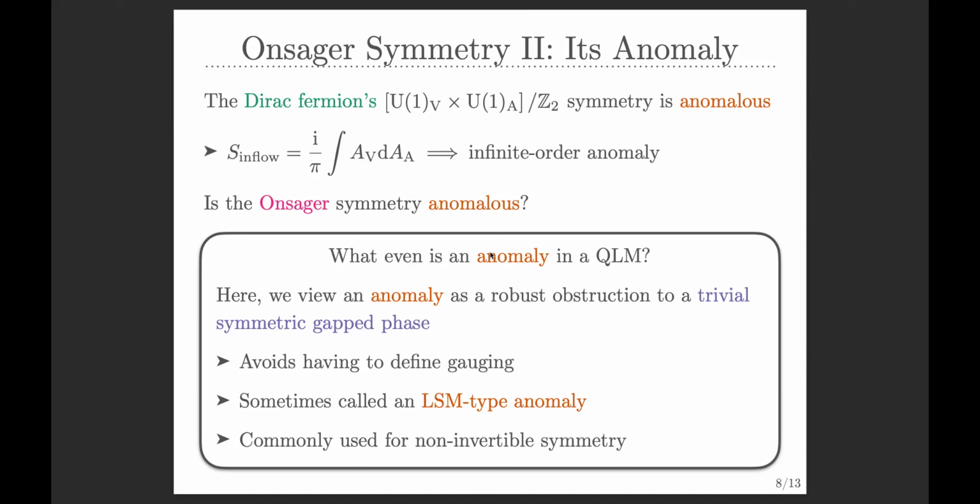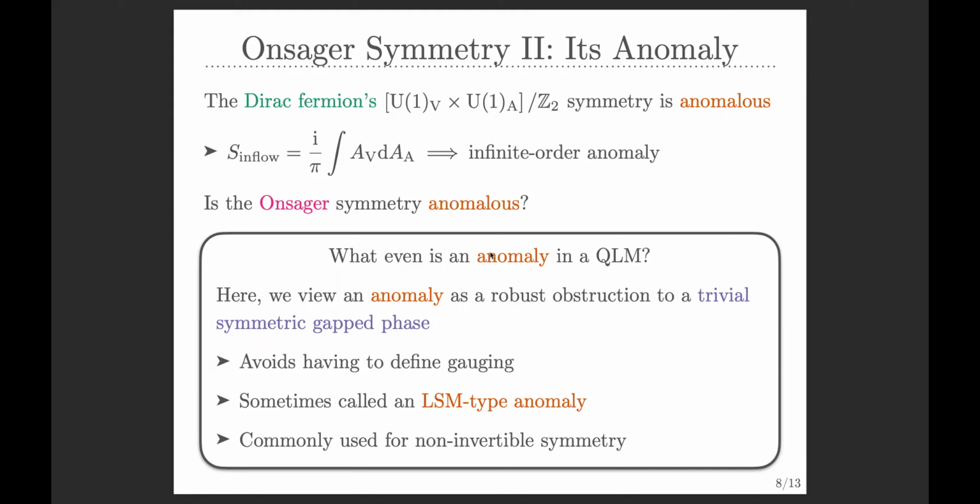Sometimes this definition of a lattice anomaly is called an LSM type anomaly. It gets its name from the Lieb-Schultz-Mattis theorem, which is an obstruction to a trivially gapped symmetric phase. And it's well understood that these types of obstructions in lattice systems could flow to some field theory anomaly. Lastly, while everything here is about the lattice, I view the way we think about anomalies of non-invertible symmetries in quantum field theory in this way.